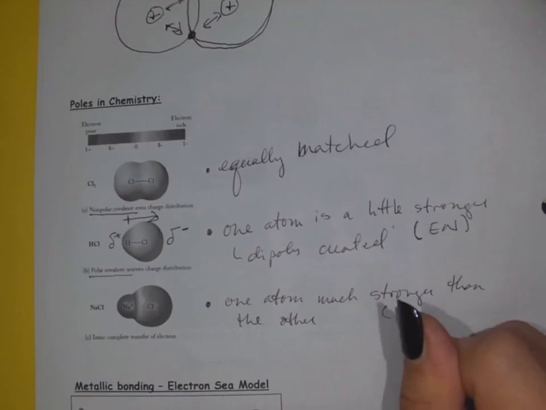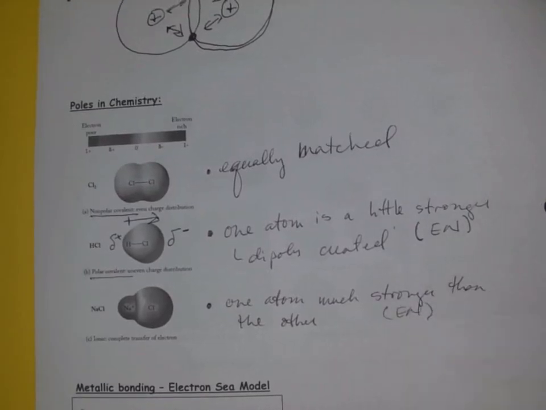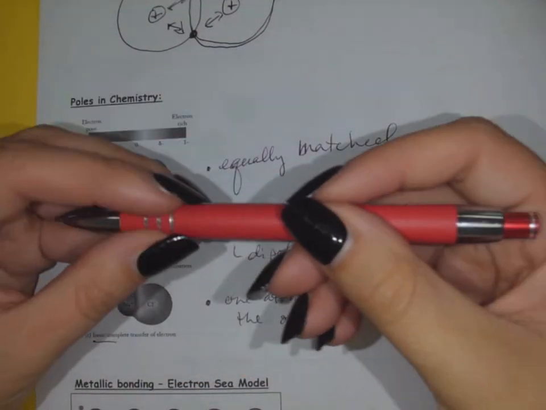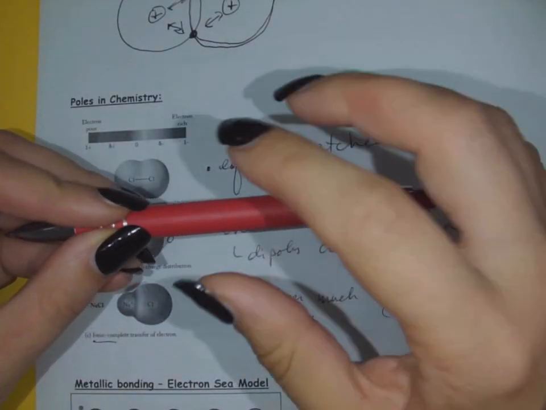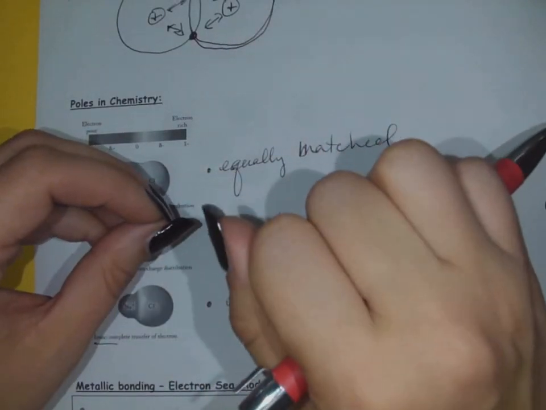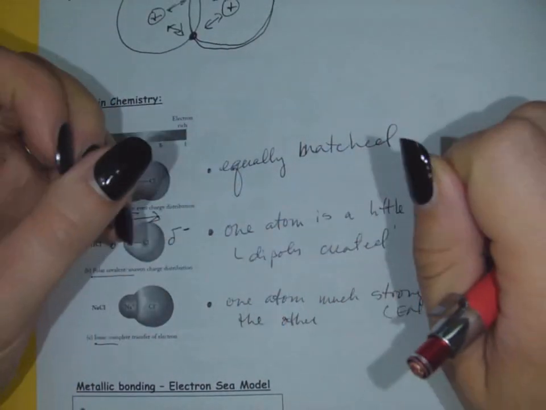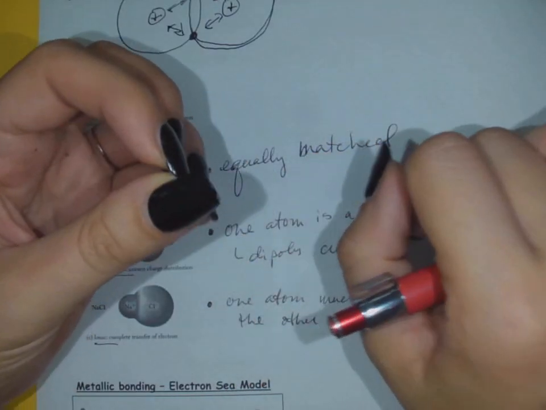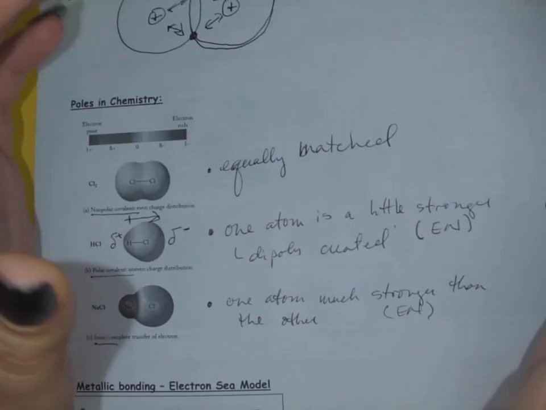Okay, and again, by stronger, I mean electronegativity is a lot higher. And that's when we get an ionic bond. That's when we go for this tug of war, but this guy is so much stronger that he actually wins the electrons. And like we said, now he's negative, this guy's positive, and then we get that electrostatic attraction between the positive and the negative, and that's the ionic bond.